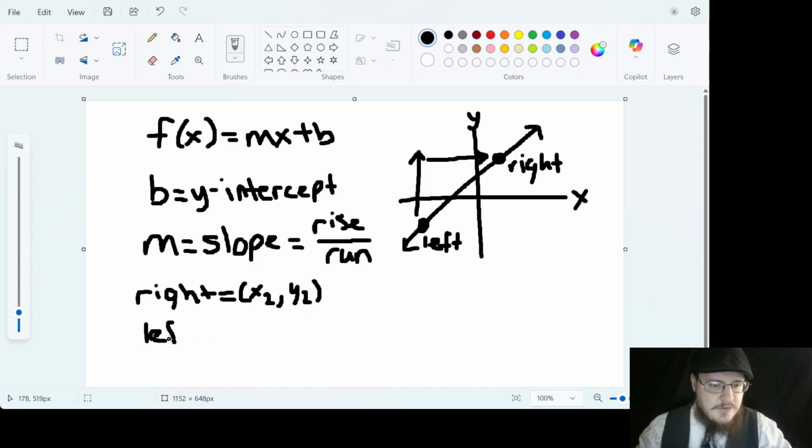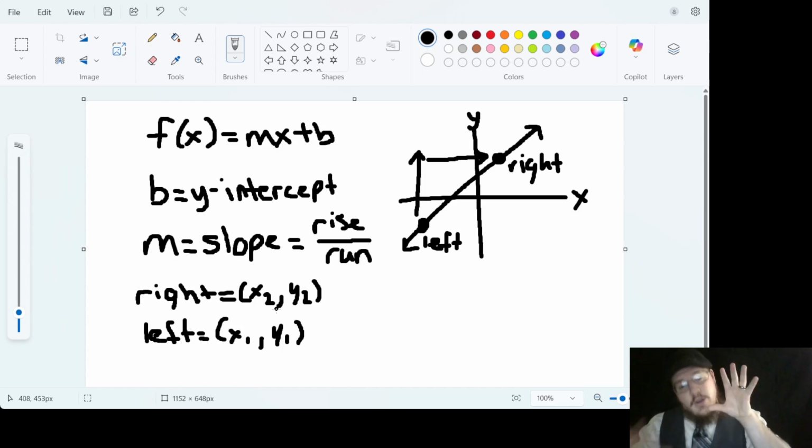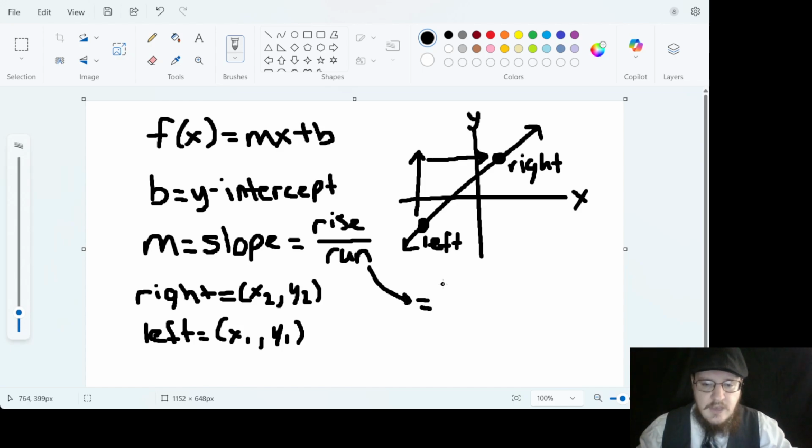And then our left point is going to be x sub 1, comma, y sub 1. Now using these 4 values, the 2 x's and the 2 y's, we'll establish how to solve for our slope. So rise over run equals y sub 2 minus y sub 1 over x sub 2 minus x sub 1.